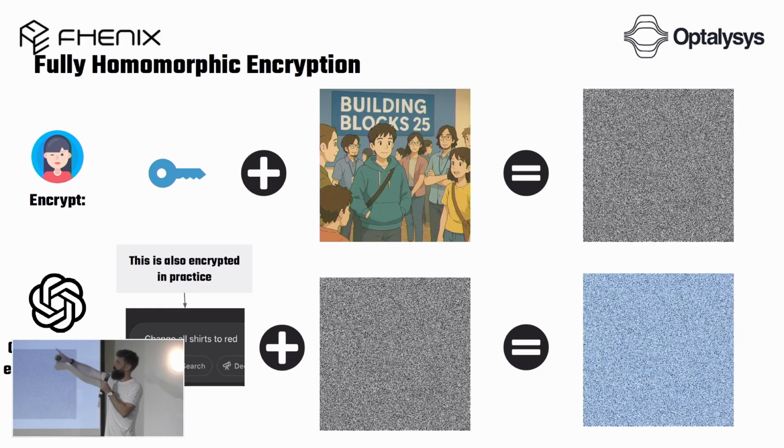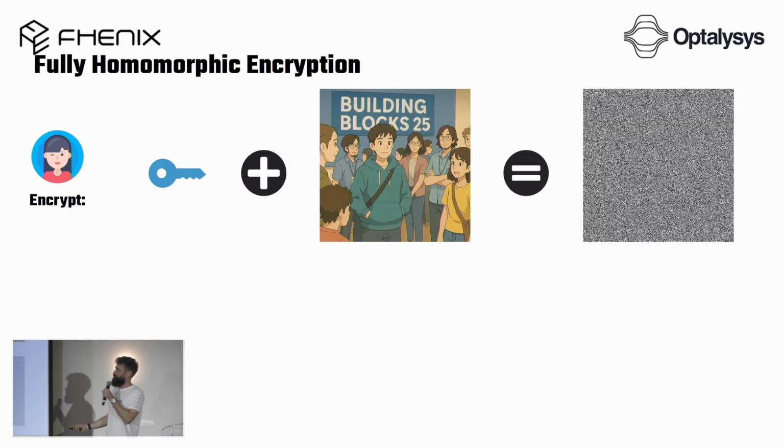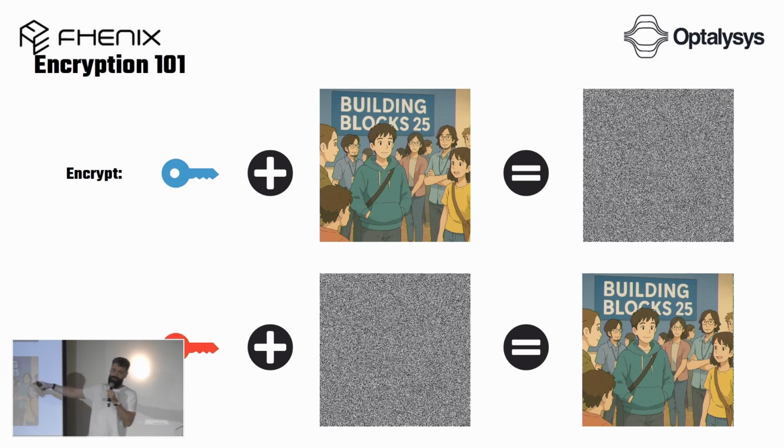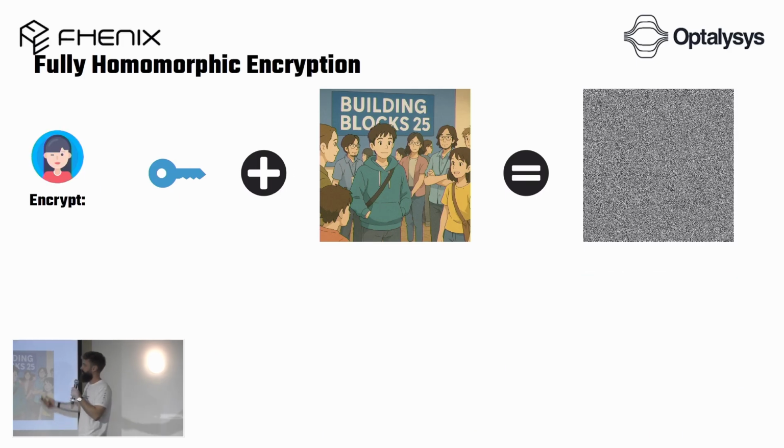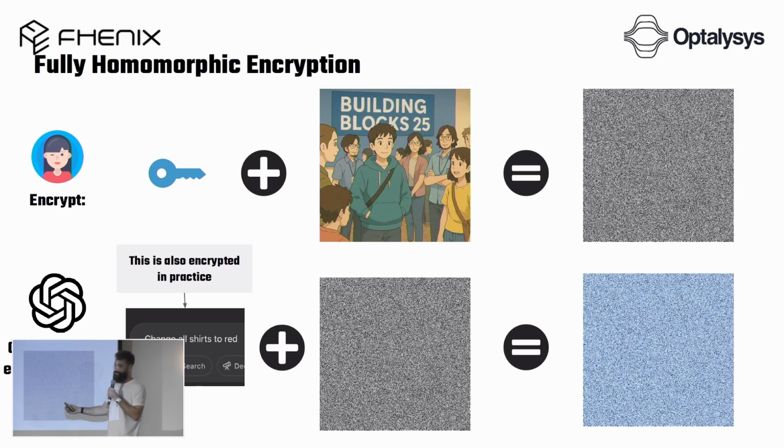So let's say I want to take this picture, give it to ChatGPT and change something, say turn all the shirts red. In the traditional model, I need to decrypt my data first, send it to ChatGPT, and let it do the work. I basically reveal my data.